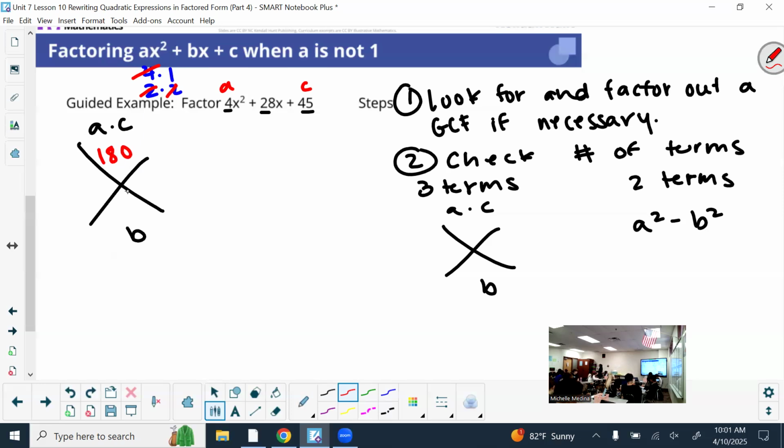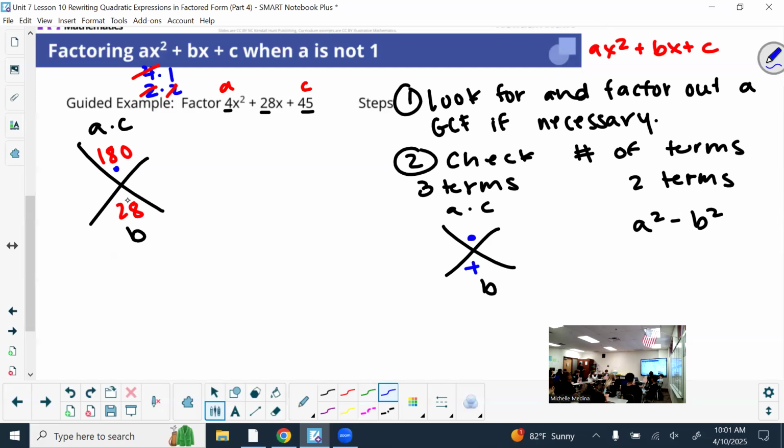Table 5, what's my B term? Here is your standard form of a quadratic for reference. What's my B term? 28, that will go on the bottom. And still, we are looking for 2 numbers that multiply to the top, but add to the bottom.